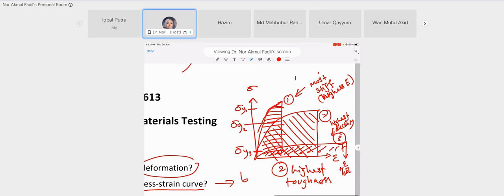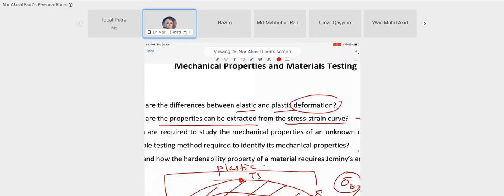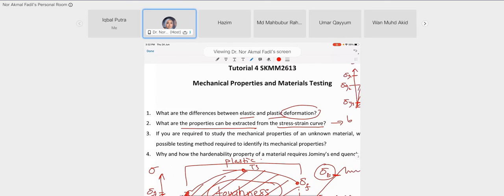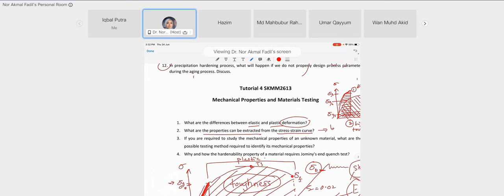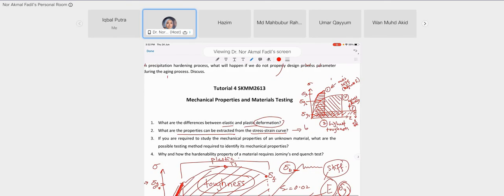Alright, don't waste much time. If you are required to study the mechanical properties of an unknown material, what are the possible testing methods required to identify its mechanical properties? There are so many. If you want to test the hardness, we have Vickers hardness.